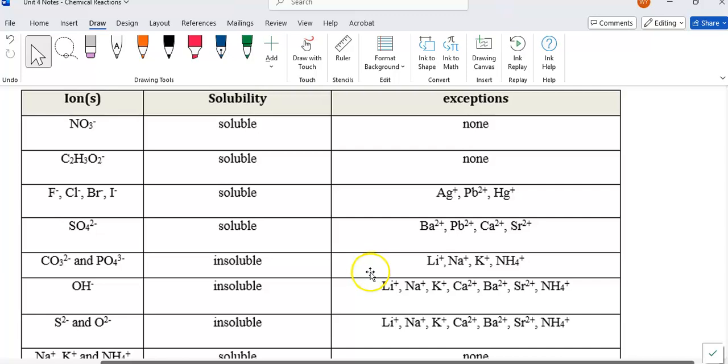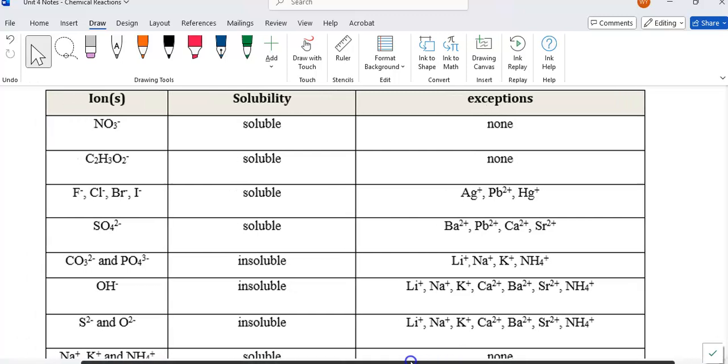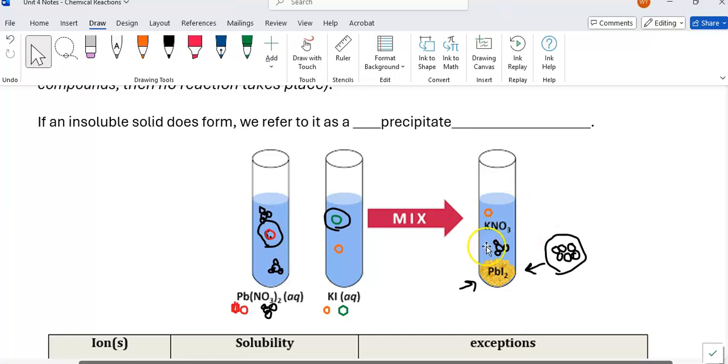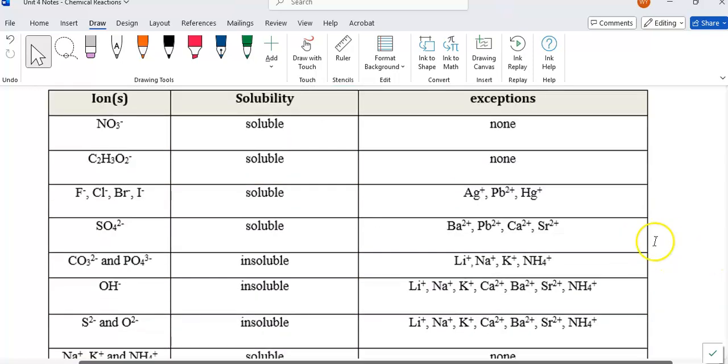And so if you look at this, we could have used this to predict that the potassium nitrate would be aqueous and would just remain dissolved like it did up here. If I look at the rule for nitrates, which is the very first rule, it says that NO3- ions, when paired up with a positive ion, will always be soluble and aqueous, and there are no exceptions.